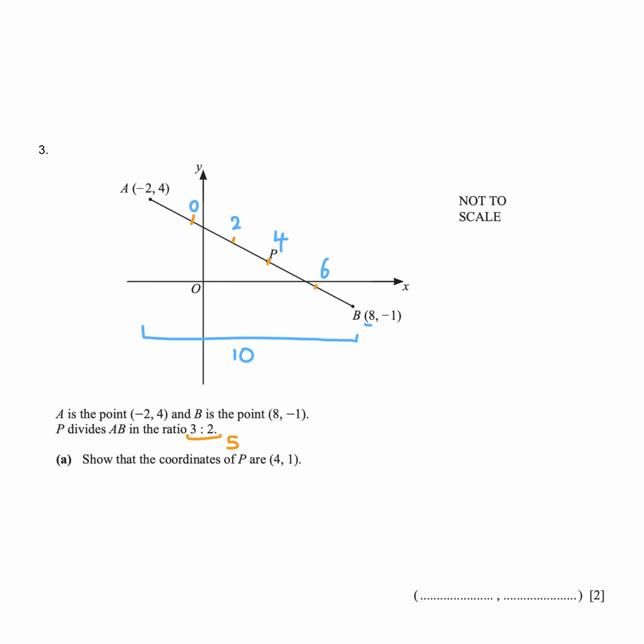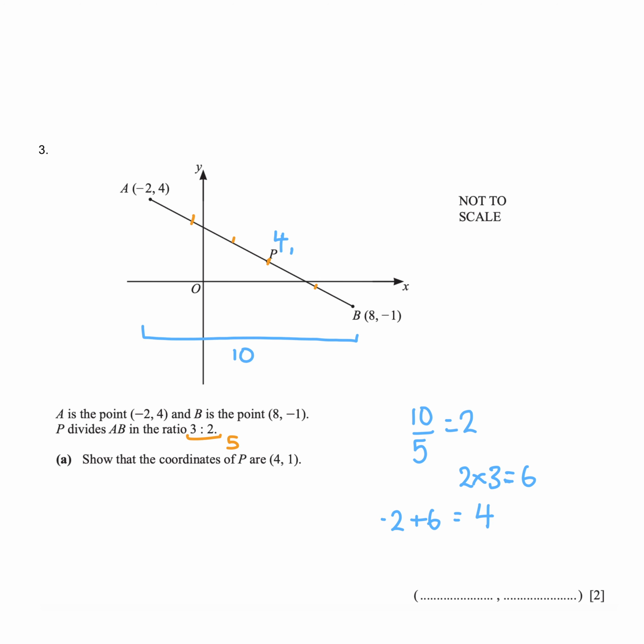Which means that the x coordinate of P is therefore 4, and one way that we could show that is 10 divided by 5, which is 2, and we know that we want 3 parts into it, so 2 times 3 gives me the 6, and then if I do -2 plus the 6, I get to 4. But also, showing the working out that we've got here on the diagram would also be enough.